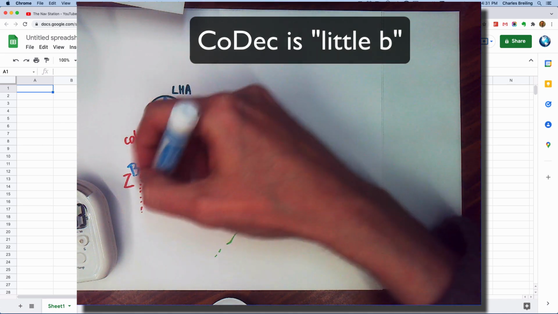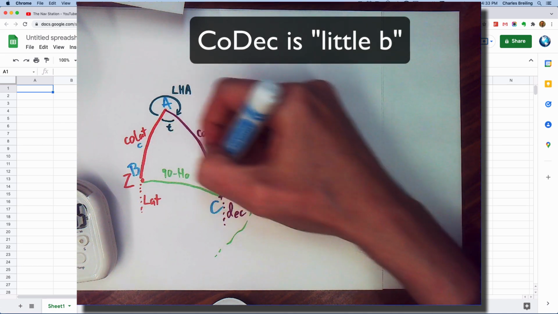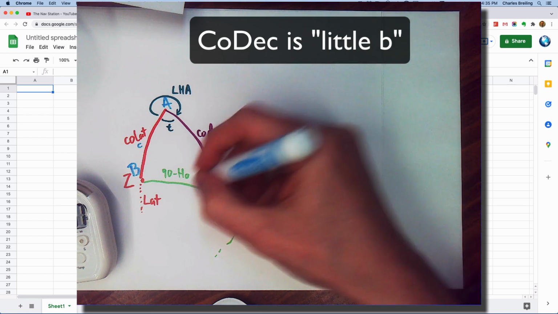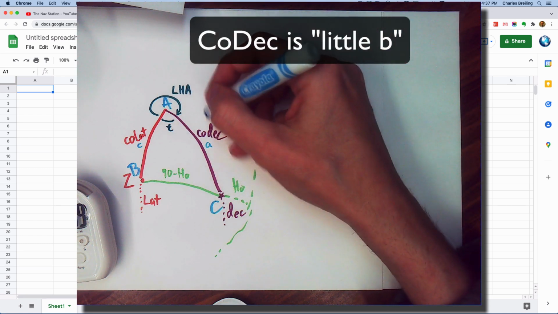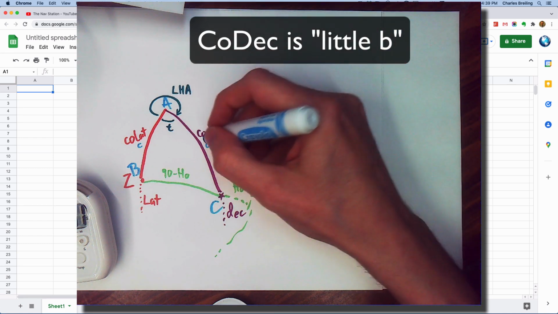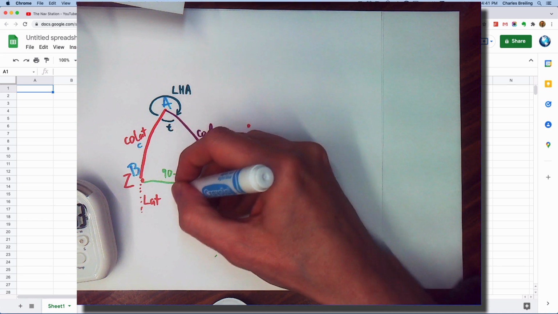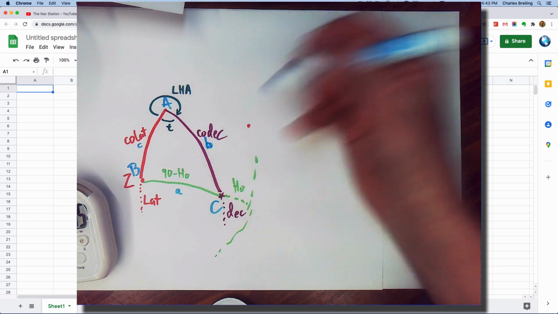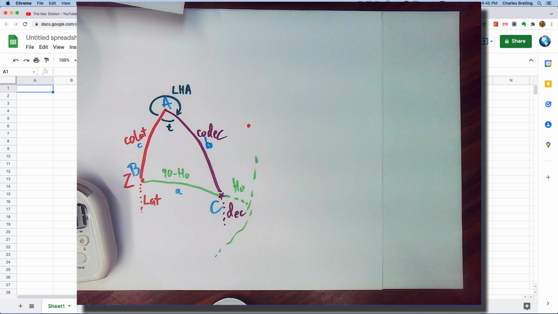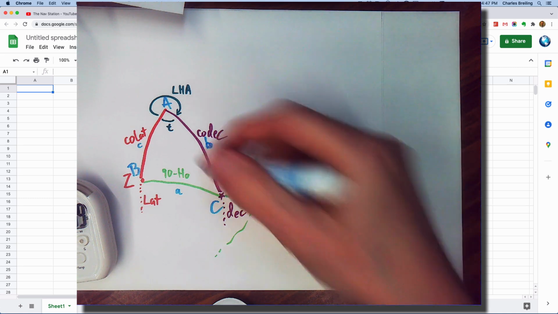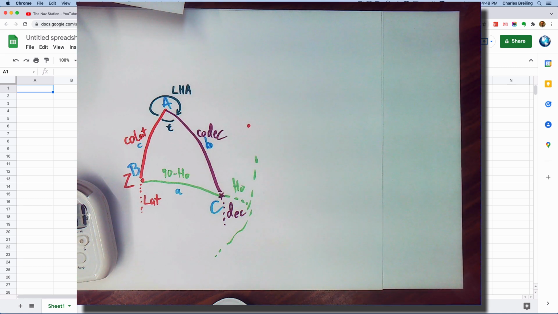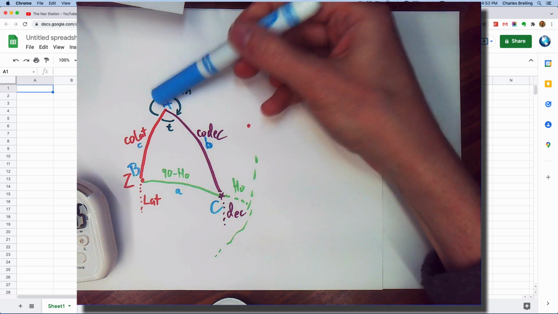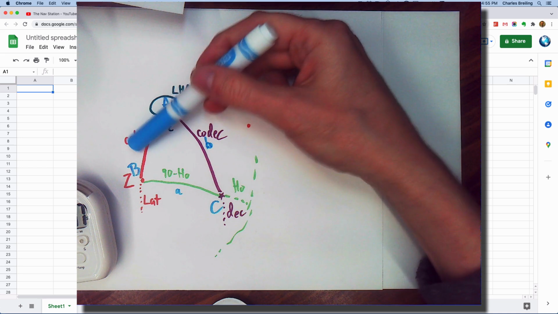And then 90 minus our observed altitude is going to be little b. So the little letters are the arcs, and the large letters are the angles. And we essentially know angle A and then arc C and arc B.